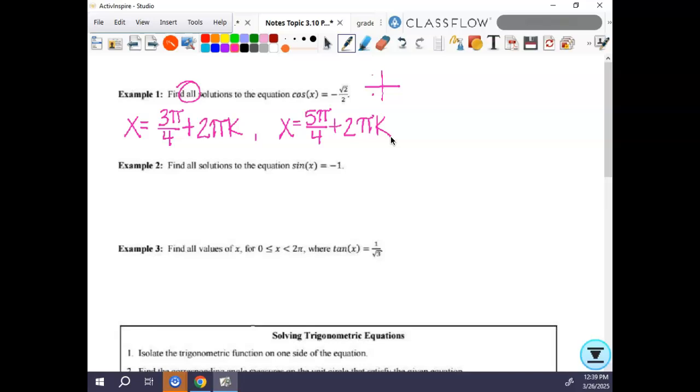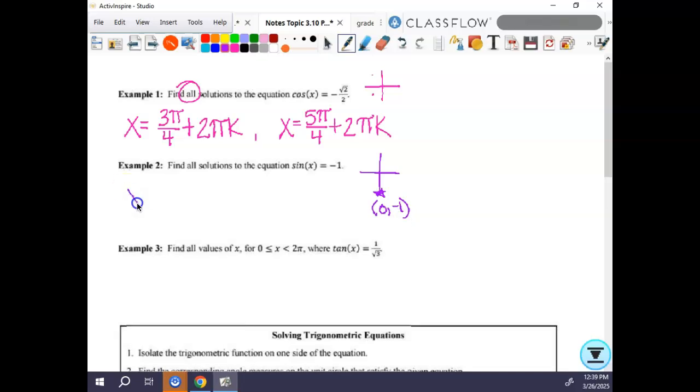All right. So then we have sine of x equals -1. Well, the angle that gives me a sine value of -1, is that in a quadrant? No. How many times does it show up? Just once, right? And it's right here. It's a quadrantal because that ordered pair is 0, -1, right?